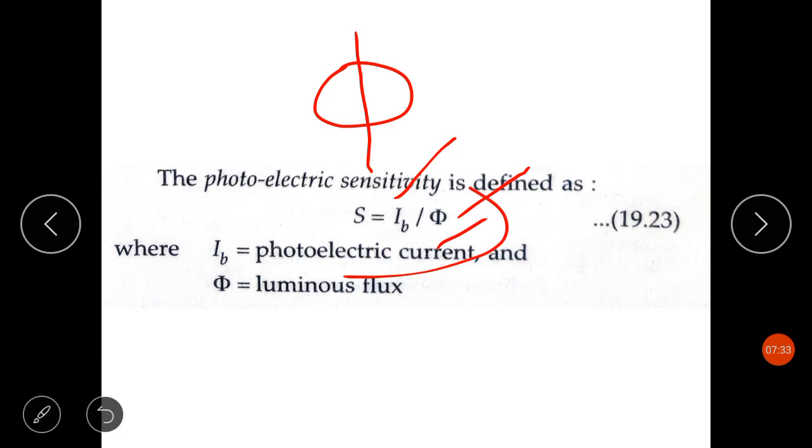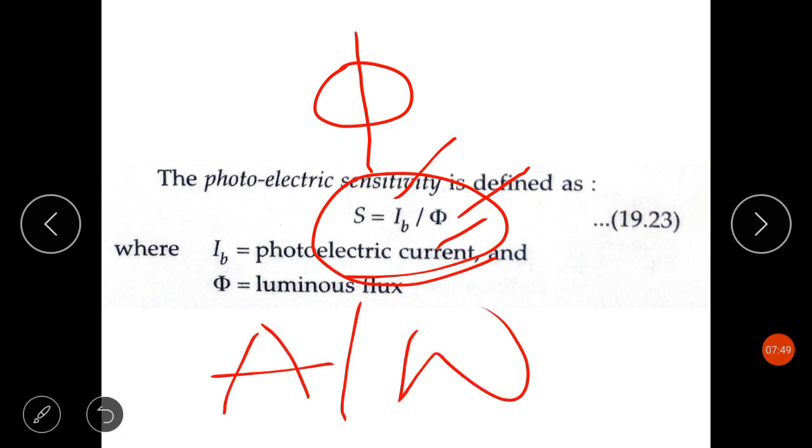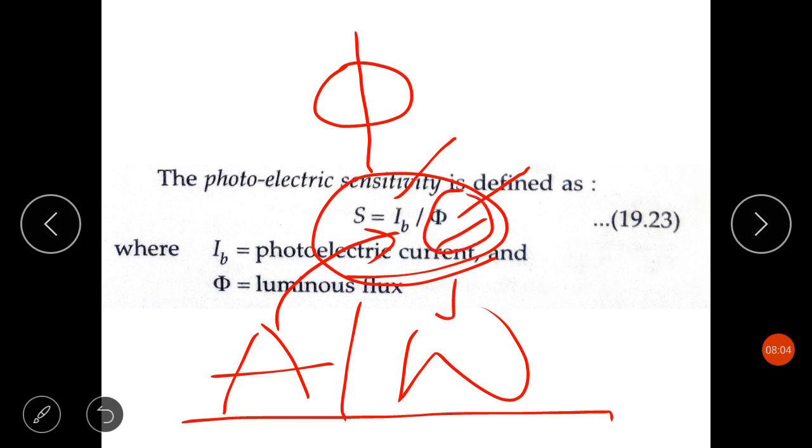Now this phi can be expressed in terms of watt. Then the photoelectric sensitivity will be called radiant sensitivity, and the unit will be ampere per watt, because ampere is the unit of current and the luminous intensity is expressed in terms of watt.